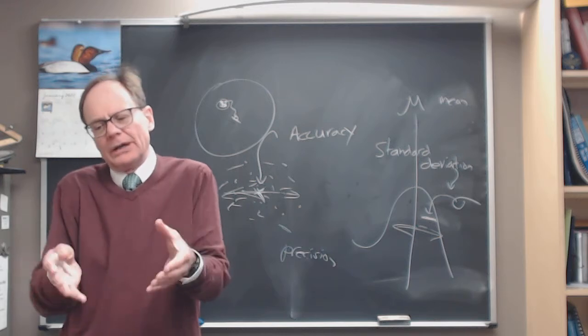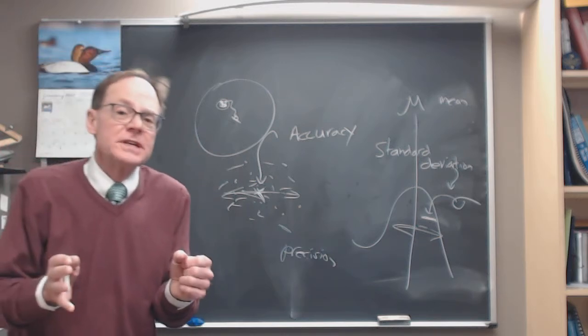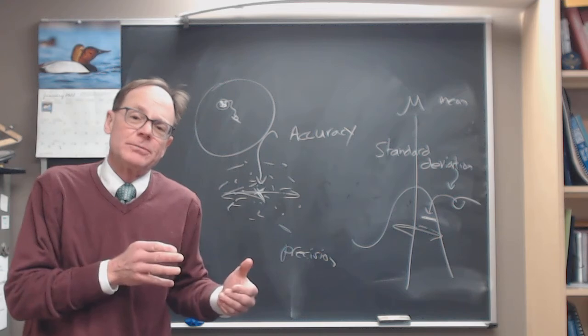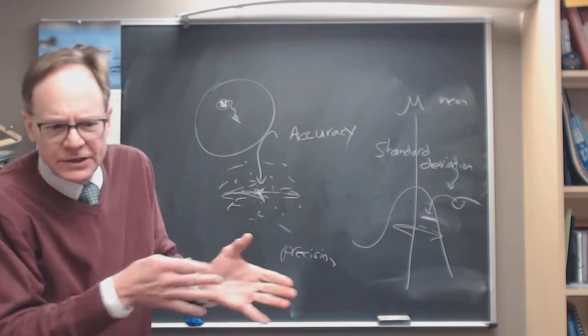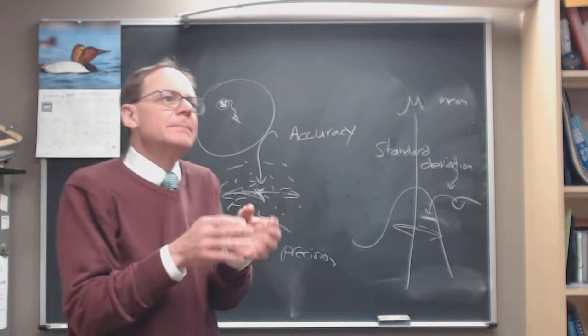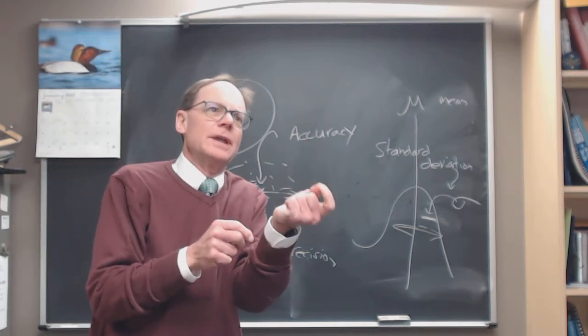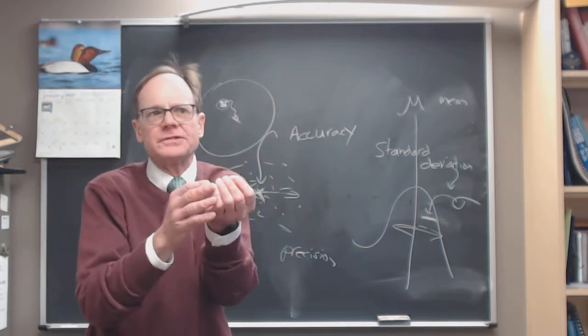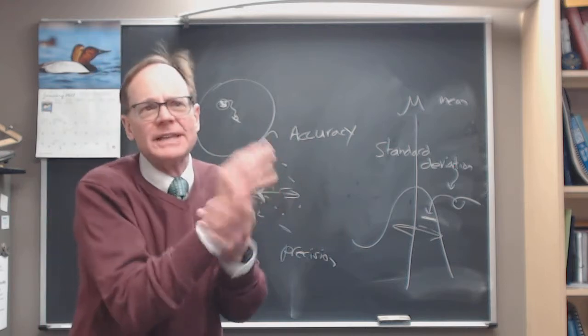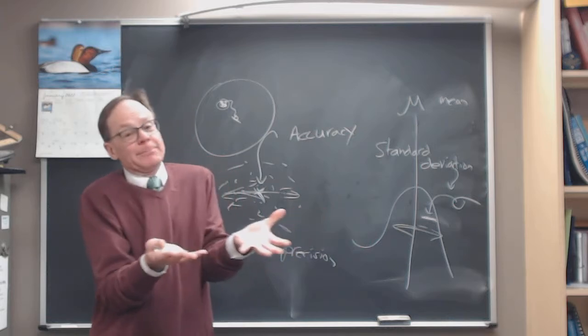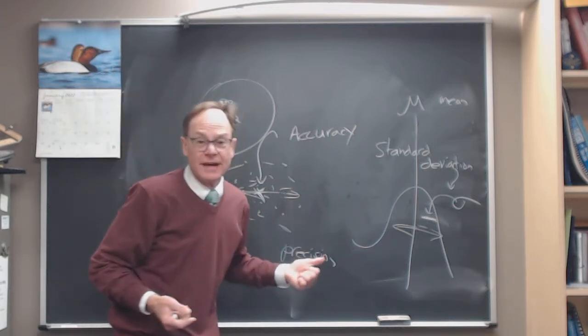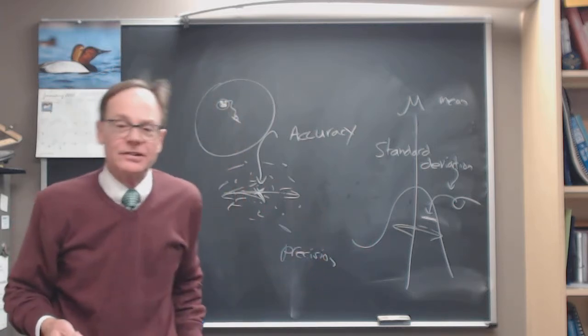If you get a whole bunch of resistors that all claim to have the same resistance value, how much spread is there from one to the other, and how much can the mean value of that distribution of resistances vary relative to the claim by the manufacturer of the resistance value? We're going to play with that idea just a little bit.